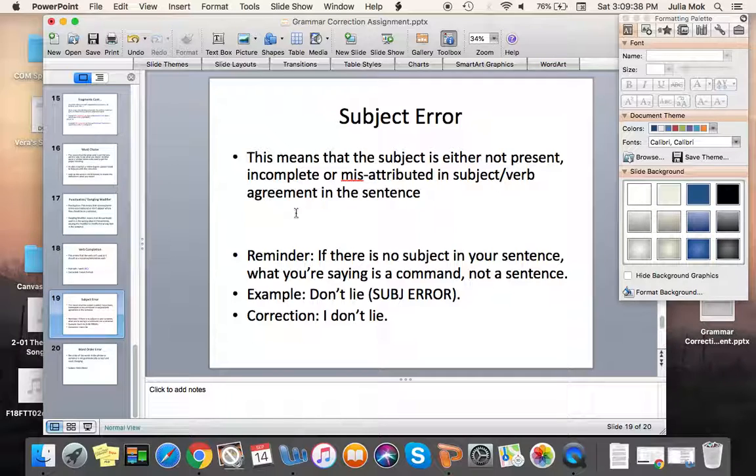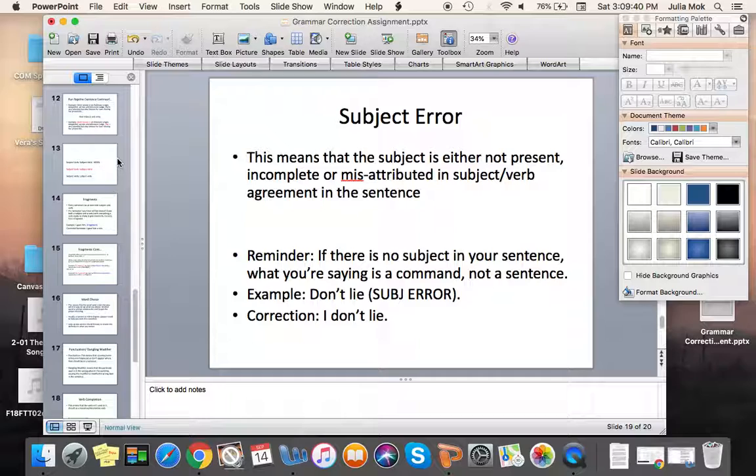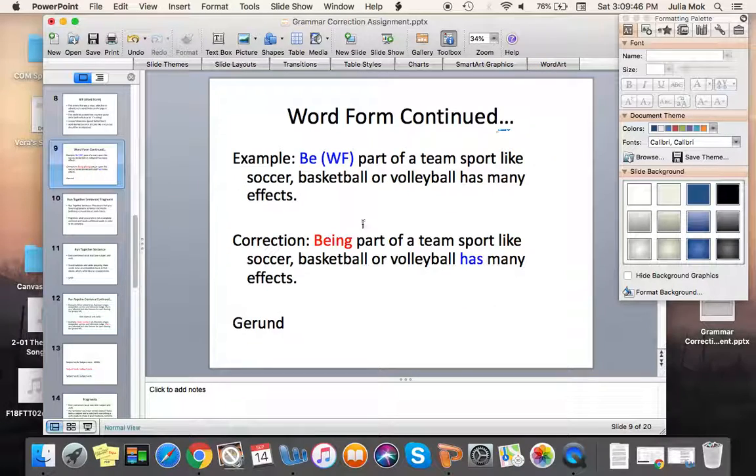So again, in a similar way to how the word form error was presented, this one of be, turning it into being.